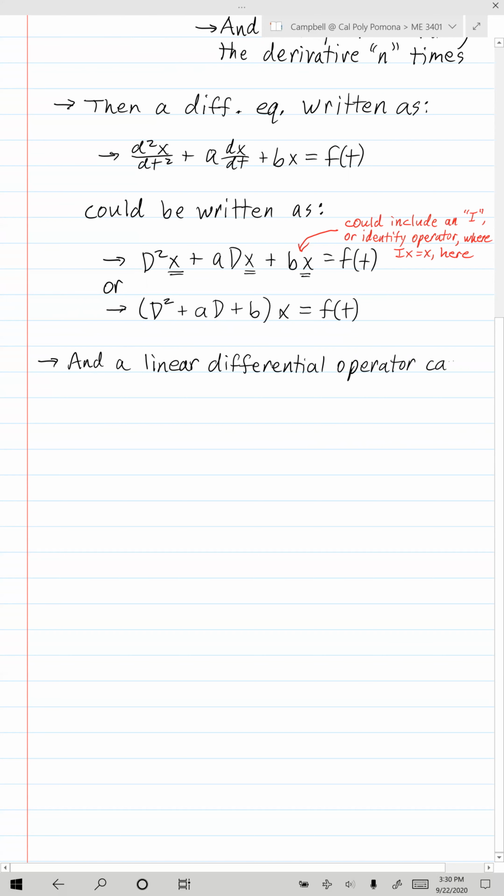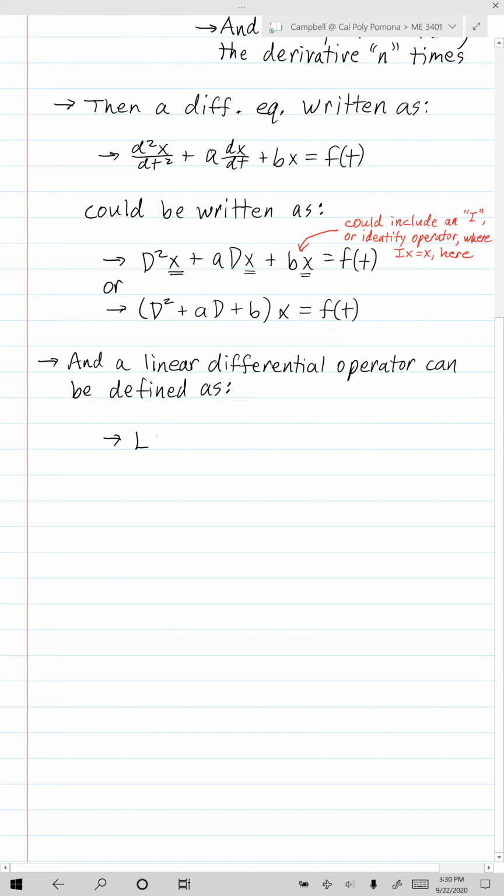And this can be defined as... the differential operator D is just a perfectly general operation taking the derivative of whatever quantity, while these linear differential operators are very specific to the differential equation that we're working with.